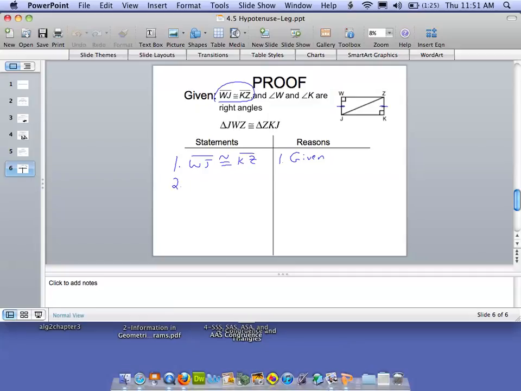I am also told that my angles W and K are right angles. So angle W and angle K are right angles. That was given, and that was also marked for us.